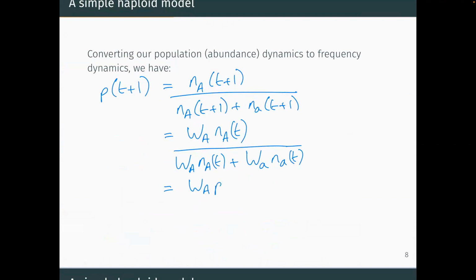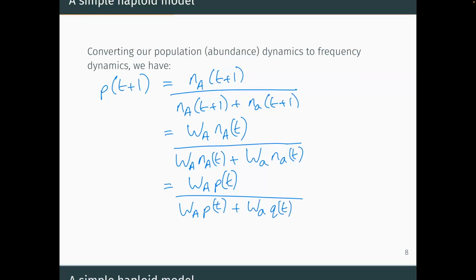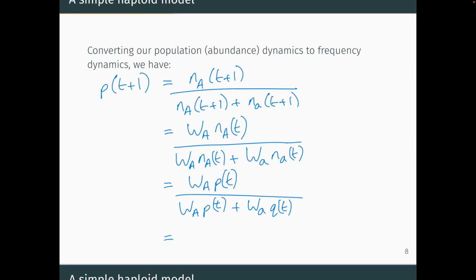So now we're going to have W sub capital A times p of t, our frequency of allele capital A. And then on the bottom, we'll have W sub A times p_t plus W sub little a times q of t. And then since p plus q is equal to 1, we can eliminate q and replace it with 1 minus p.